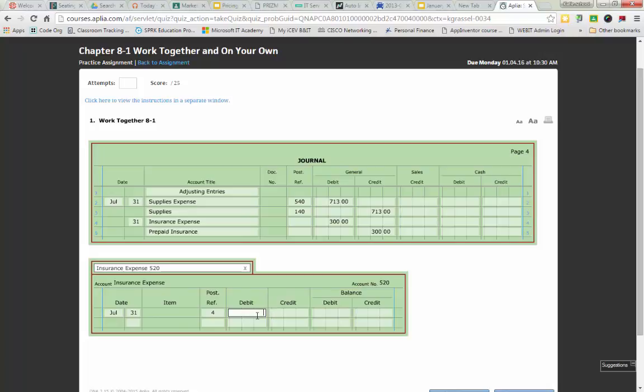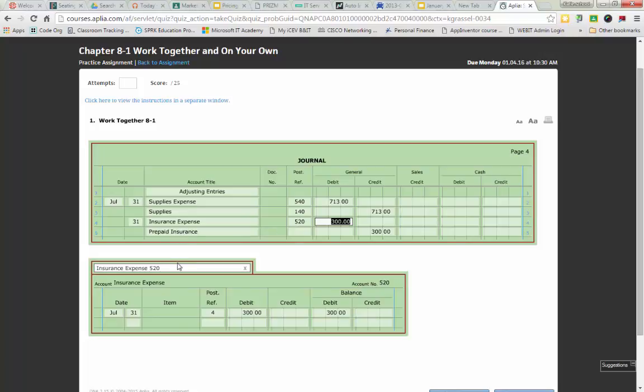So I'm going to take the debit and put it in the first debit column. It has a previous balance of 0. So a 0 plus a debit of 300 gives me a balance of 300. Again, when you post, you're not getting your debits and credits to equal. The whole point is to find out what is in the balance of your account. The last thing you do is take your account number 520 and put it back up to show that you posted that one.